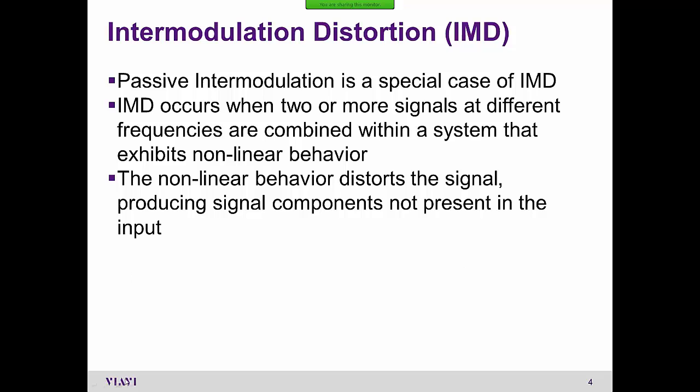Just to give you an example, I'll just draw a quick diagram here. So for example, if you're trying to demodulate a radio signal, you can't hear at RF frequencies, right? You hear at audio frequencies. So what happens is the signal comes into a device.